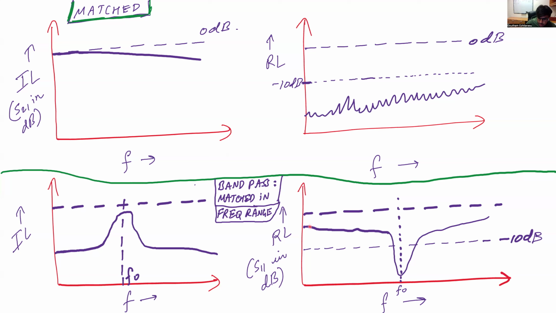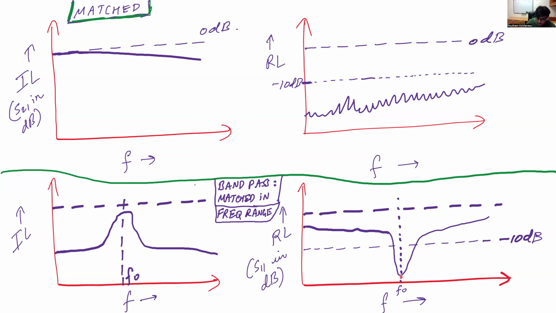Similarly, if you look at the return loss, it's going to look something like this, where it's closer to 0 dB far away from the center frequency, which means that most of the signal is being reflected. But as we go towards the central frequency, within its bandwidth, a large amount of the signal is transmitted and less is reflected, and therefore it goes to a large negative value, dropping within this frequency band to less than minus 10 dB, which means that within this frequency range it is matched.